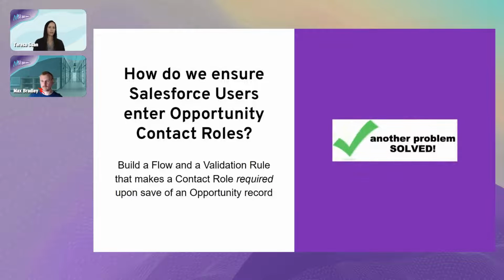So one solution that we've come up with is to build a combination of a flow and a validation rule to make a contact role required upon saving of an opportunity record. For example, when an opportunity is closed won, a validation rule can trigger requiring an associated contact role be entered. I'll demonstrate how to create that here.